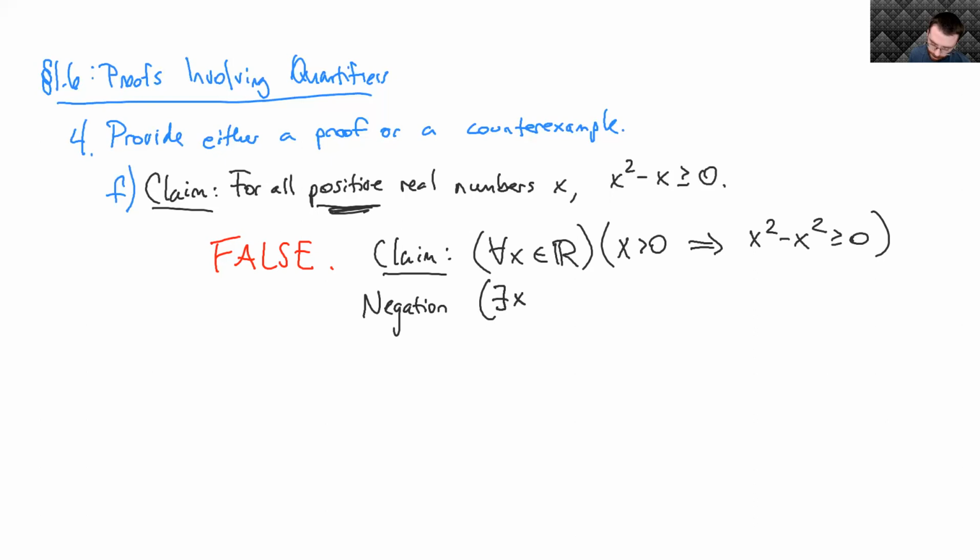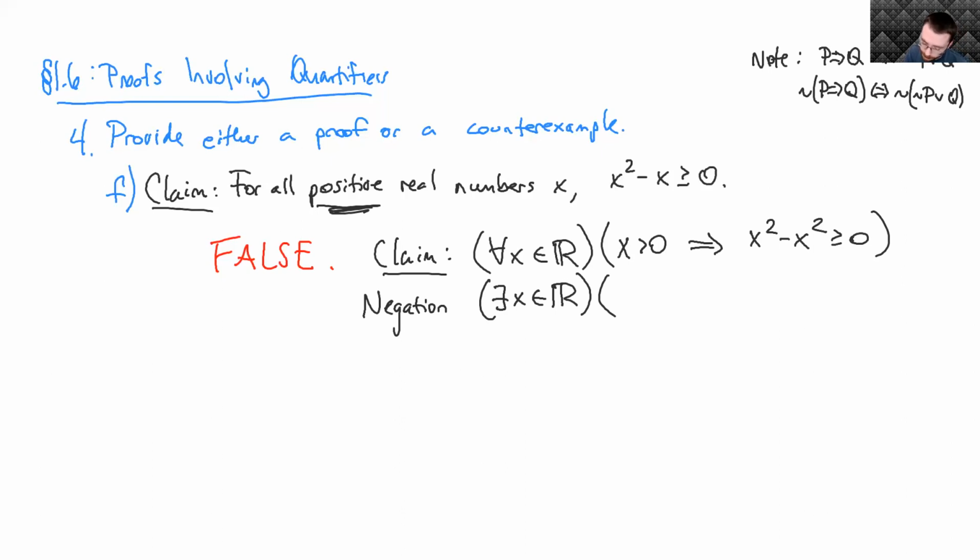Well, the negation would say there exists a real number x such that, okay, and then you have to remember how to negate an implication. So let me write a note to myself. We do know that P implies Q is equivalent to not P or Q. So if I wanted to negate this, it would be the same as negating not P or Q, just negating that part.